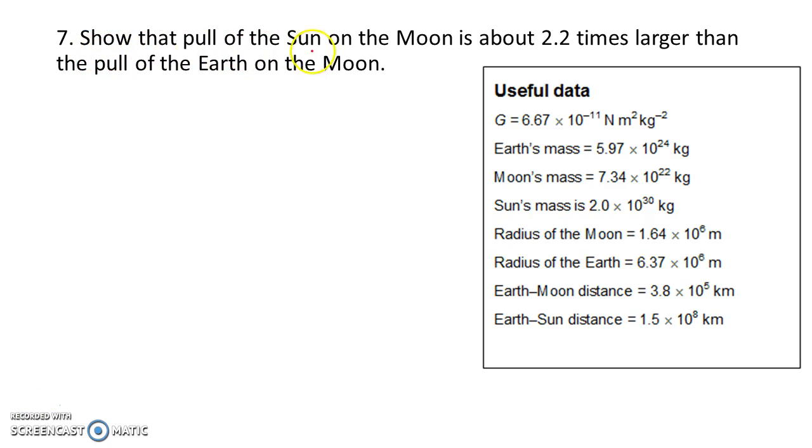In this question, we want to show that the pull of the sun on the moon is about 2.2 times larger than the pull of the Earth on the moon. All right.